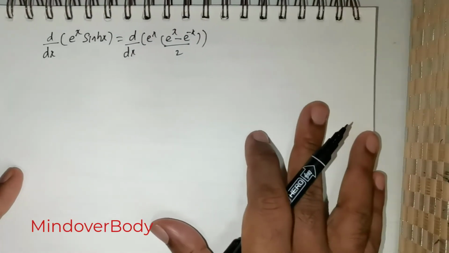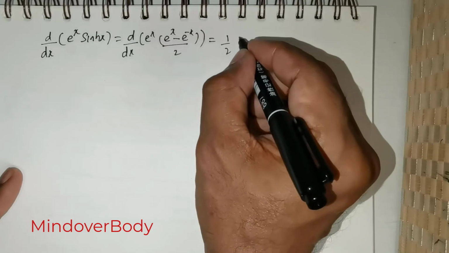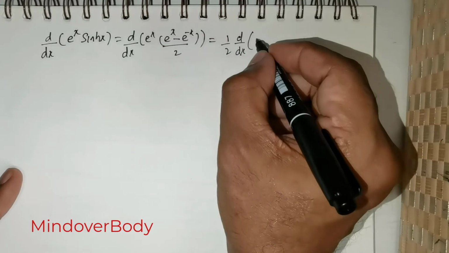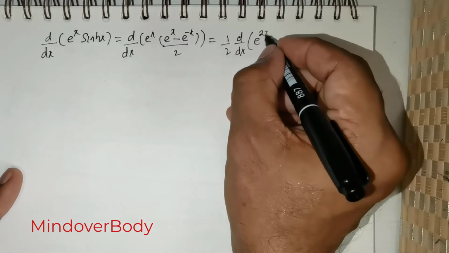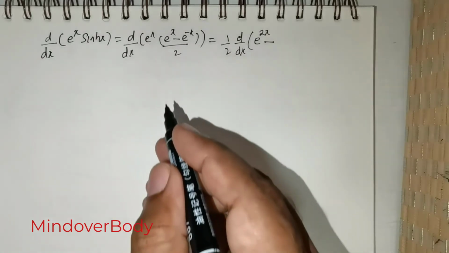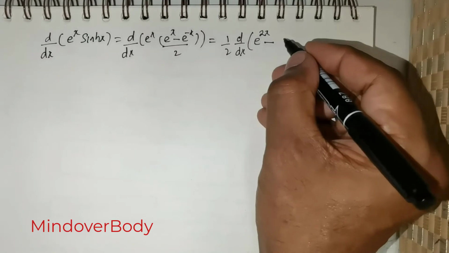With this I can rewrite this as 1 over 2 times d over dx of, now e raised to the power of x times e raised to the power of x, that's going to be e raised to the power of 2x, followed by a negative sign, and e raised to the power of x times e raised to the power of negative x, that's e raised to the power of 0, which is 1.